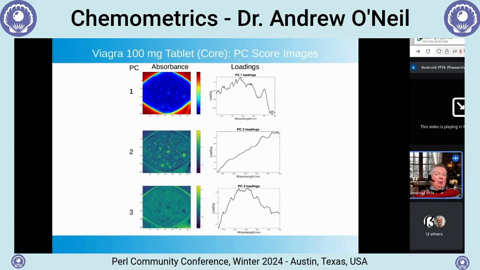And the third component is probably picking up something to do with the fillers. And you can see very dark regions here where there's probably a lower concentration of signal coming through from this particular component, because these correspond to probably some kind of crystalline material, which is potentially either the drug or something like microcrystalline cellulose.